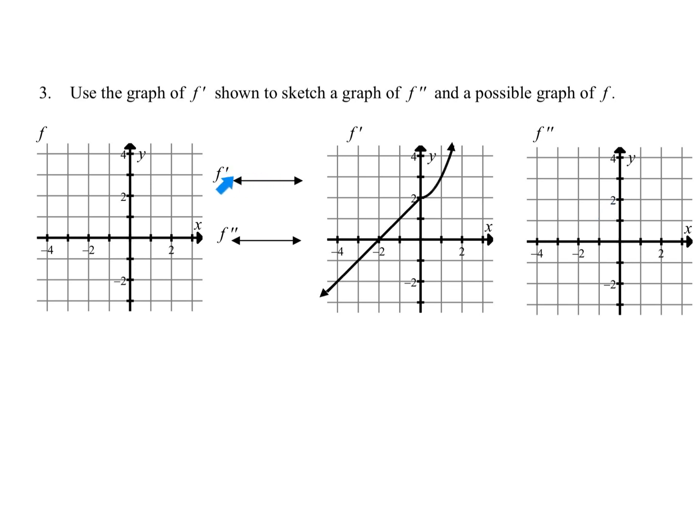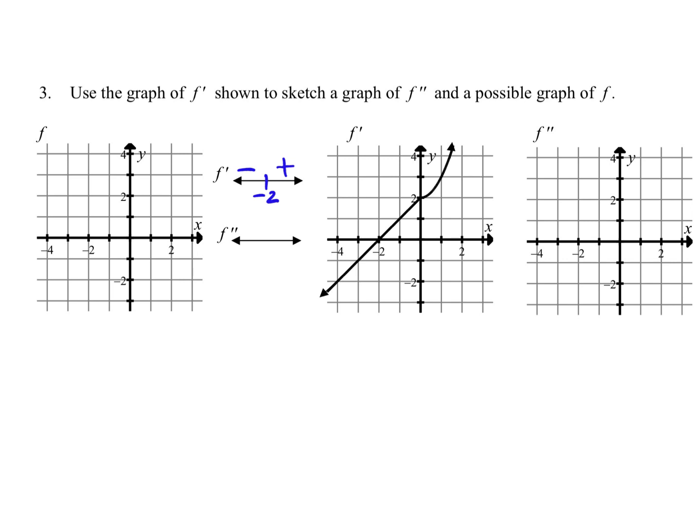What number goes on my first derivative number line? Why? Yeah, that's where I get 0. Okay. Of course, it's positive on the right, negative on the left. So that's the decreasing, then it increases.